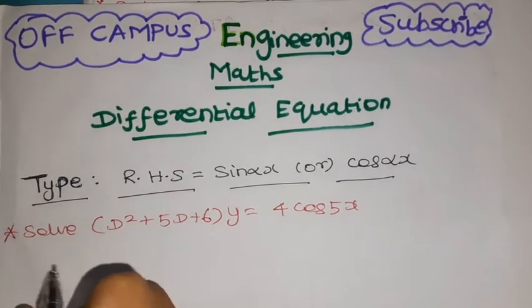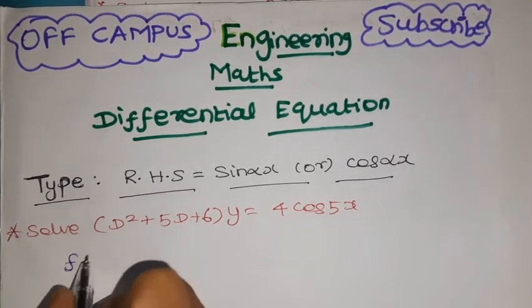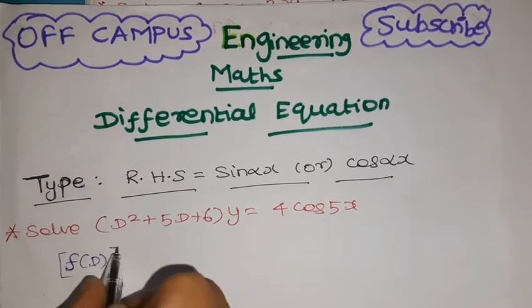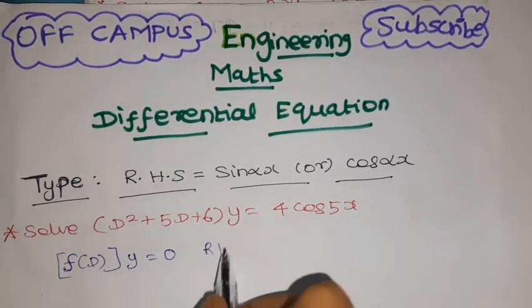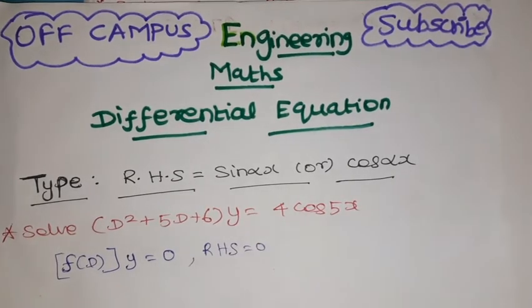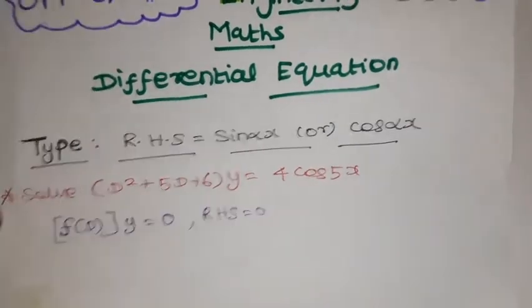First, what is the step? f of d of y equal to 0. We need to take RHS equal to 0 for finding out the complementary function.